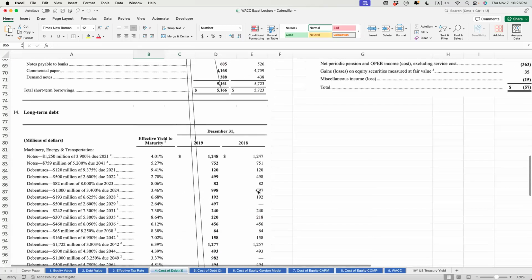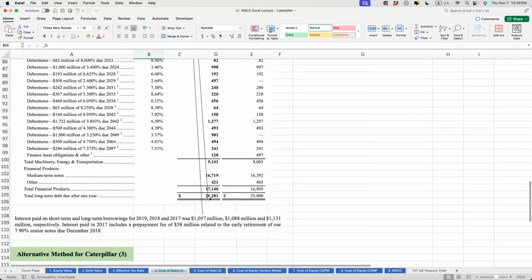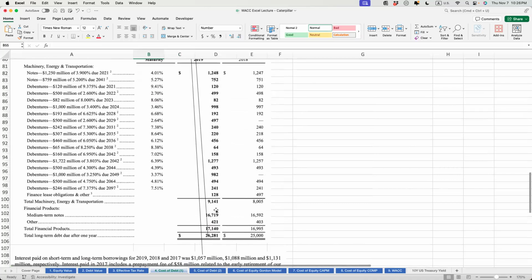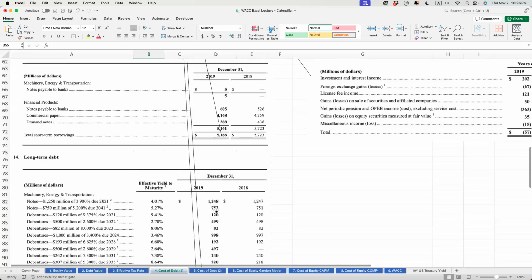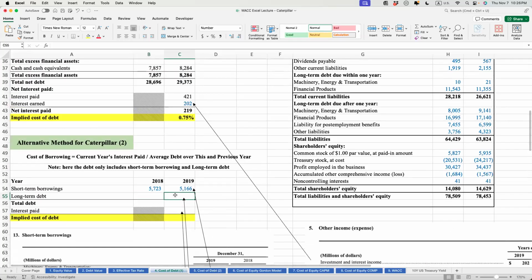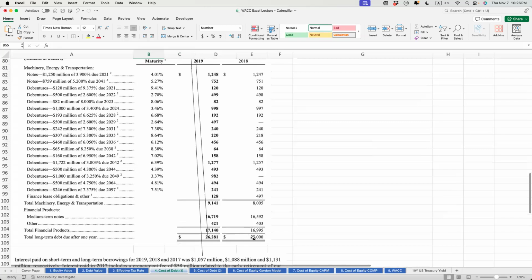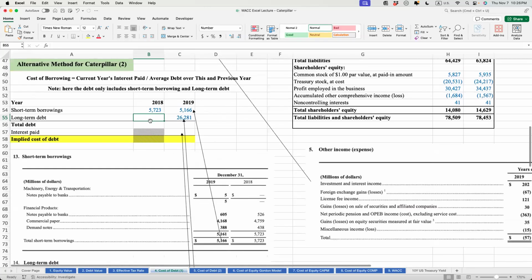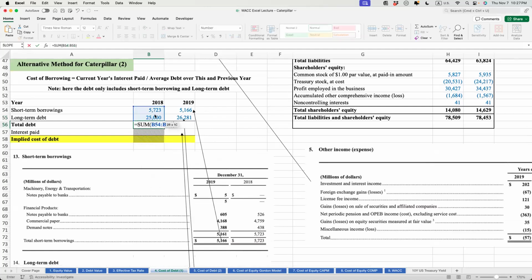And then for the long-term debt, we're going to grab these values: 26,281 for 2019, and then we're going to grab this one, 25,000, for the long-term borrowing. Okay. And then we can take a sum of these two rows. It will give you the total values only for the interest-bearing debt.